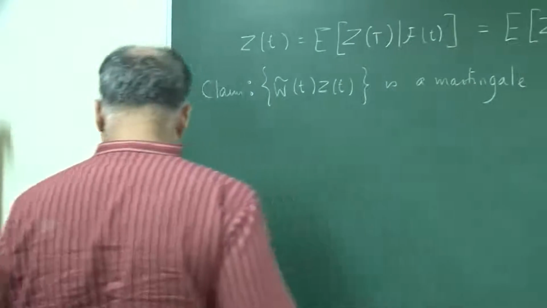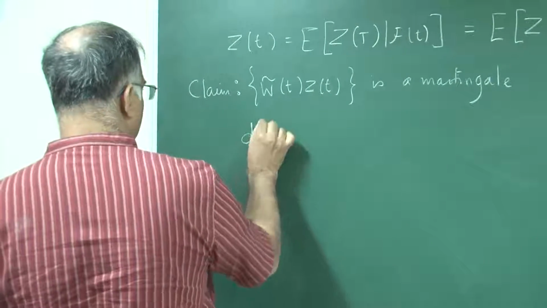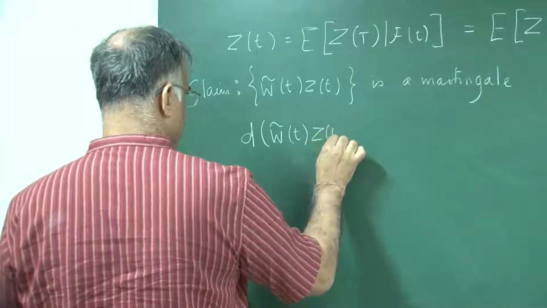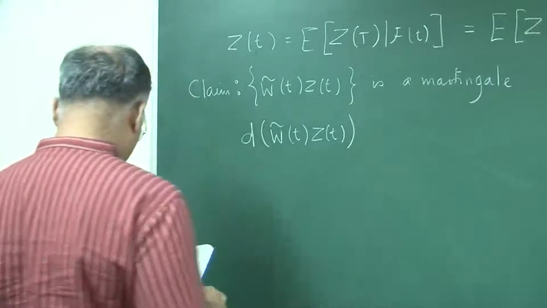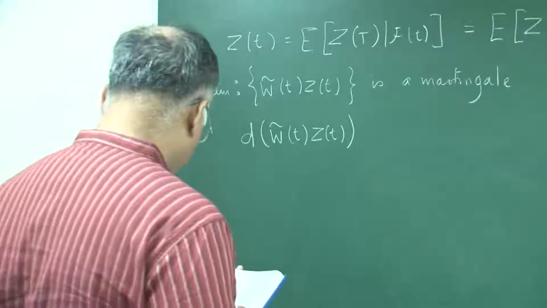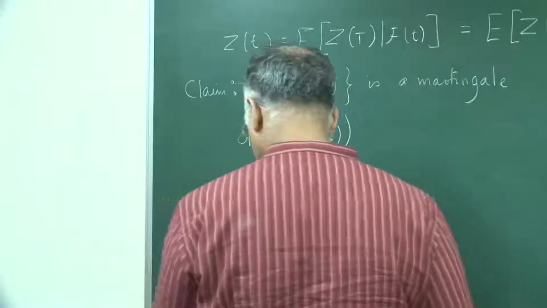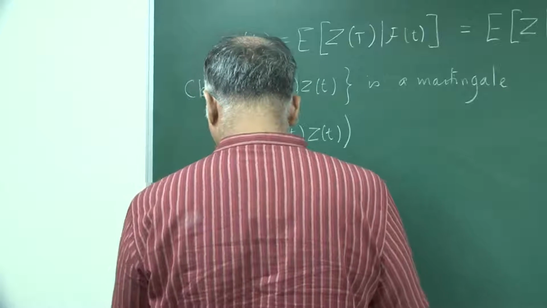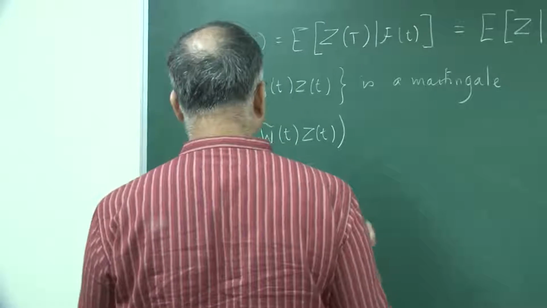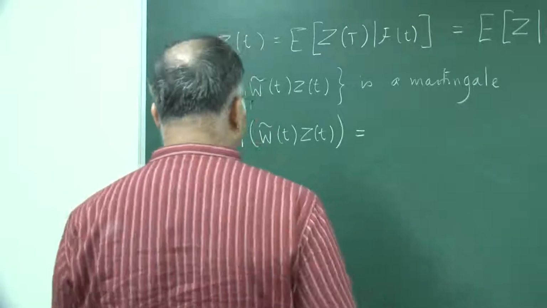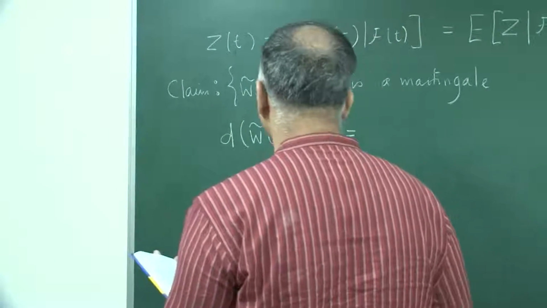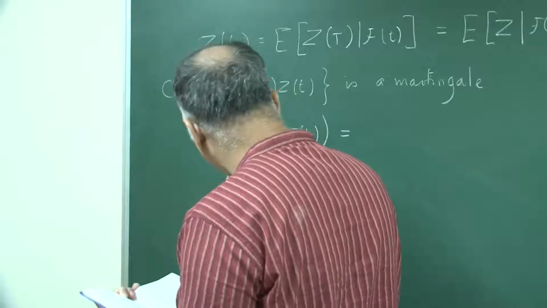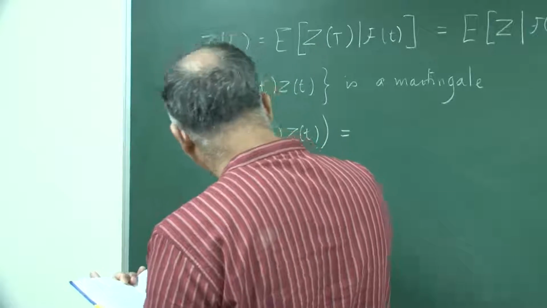So here also we are going to do something like this. So d of W tilde t Zt. If you look at Ito's product rule, it is the derivative of this into this, plus the derivative of this into Wt, plus the derivative of this into the derivative of this.